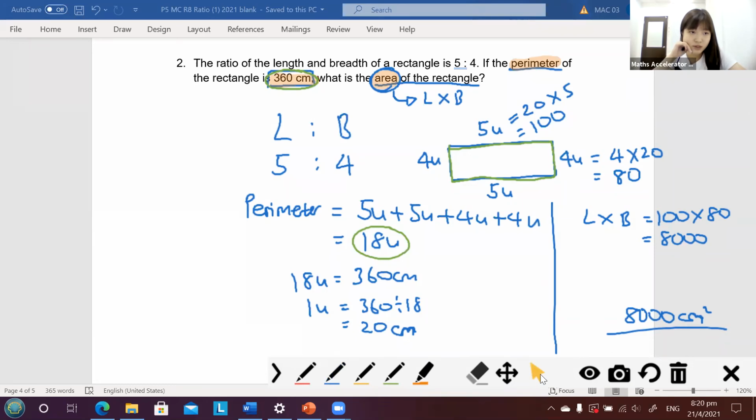Okay, 8,000. If you're still copying, you copy it down.